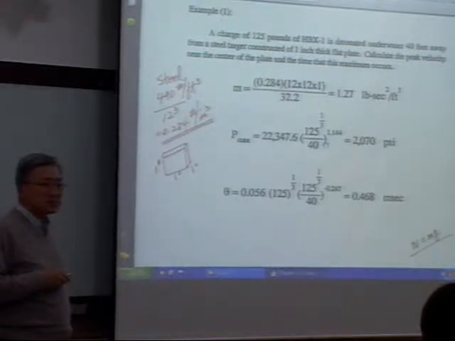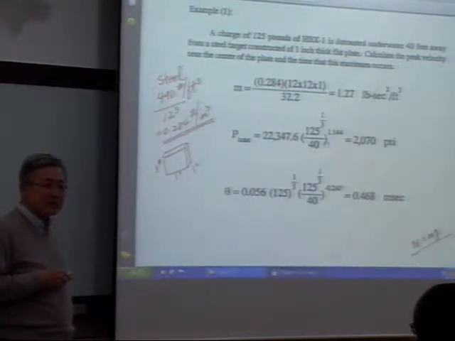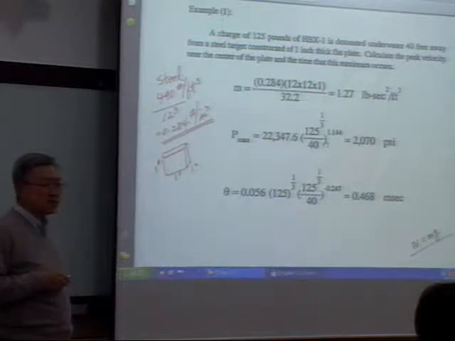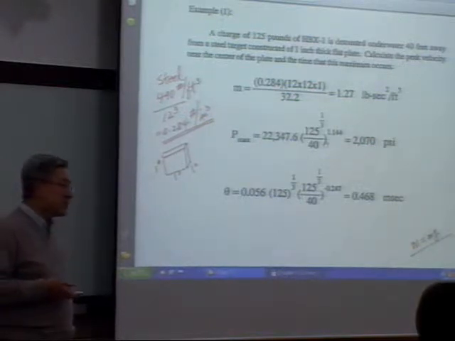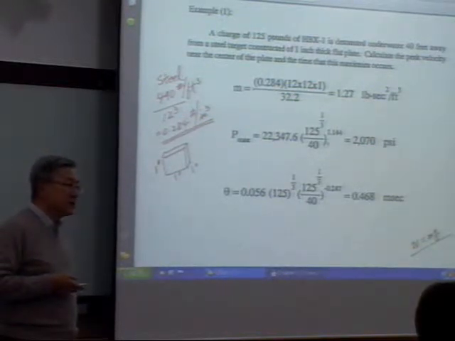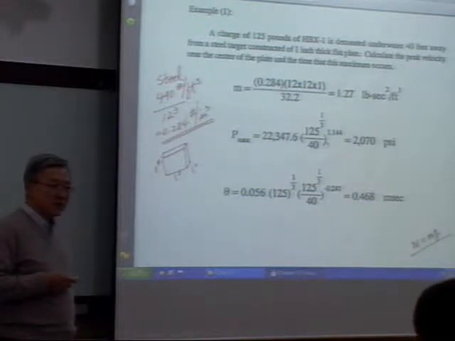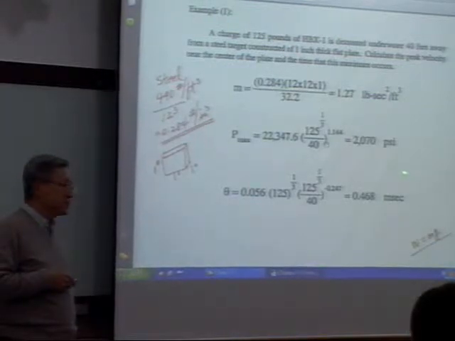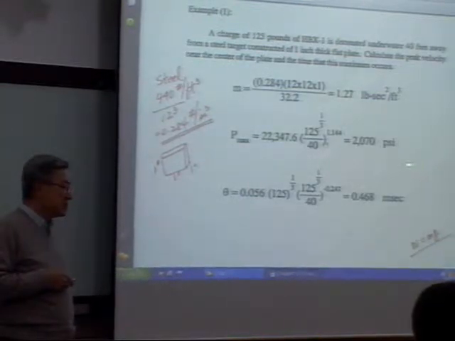What's the unit of the g? In feet per second square, right? So 32.2 in metrics is 9.81 meter per second square. So in gravitational unit it happens to be 32.2 feet per second square.